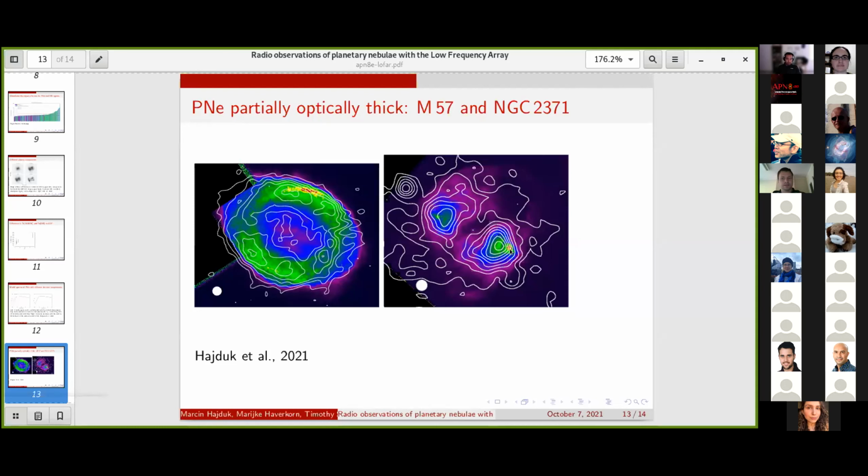But nevertheless, this difference in radio and optical image cannot be easily explained. Perhaps those low ionization structures do not contain very cool plasma, and the rest of the nebula may contain this cool plasma component. I'm not sure, because it's difficult to say.